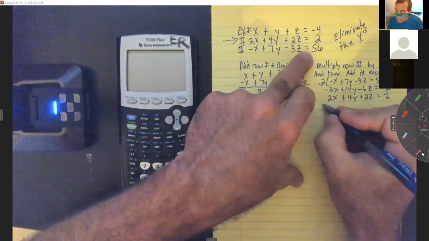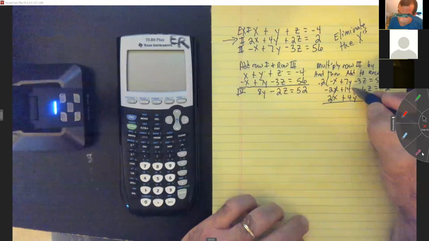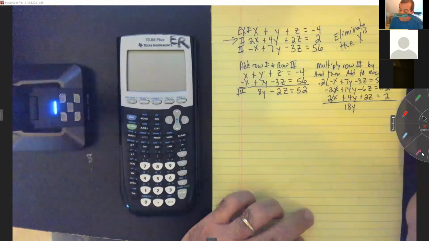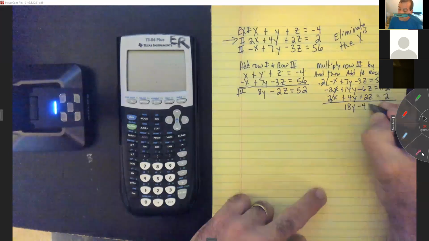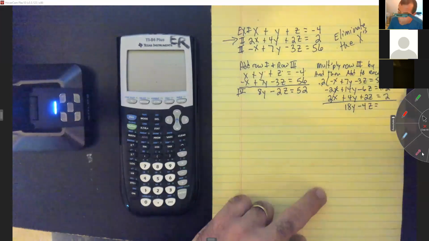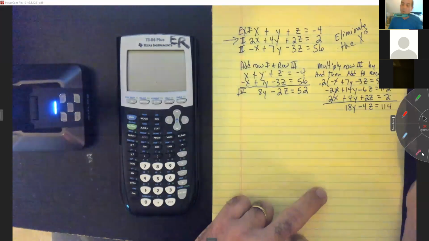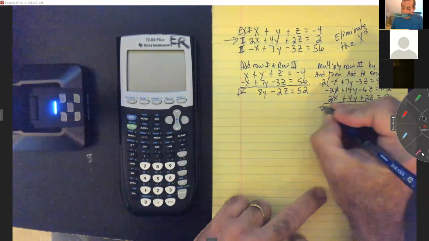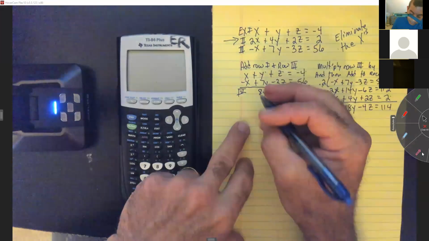So notice what will happen. The x's cancel. 14 and 4 give you 18y. -6 plus 2 gives you -4z. And then 112 and 2 give you 114. That'll be equation 5. So now we put equation 4 and 5 together.